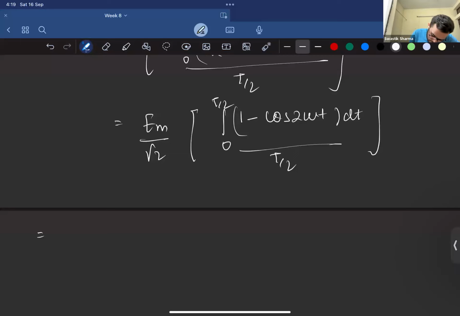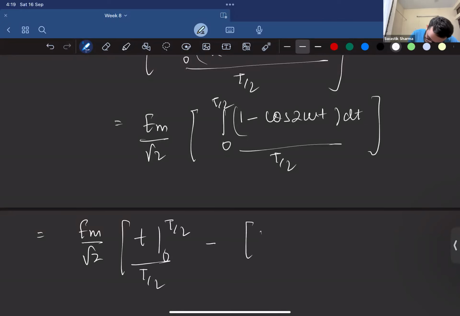Let's do it. It's with Em root 2. This would be t from 0 to T by 2 divided by T by 2. And this is minus sin 2ωt by 2ω from 0 to T by 2.